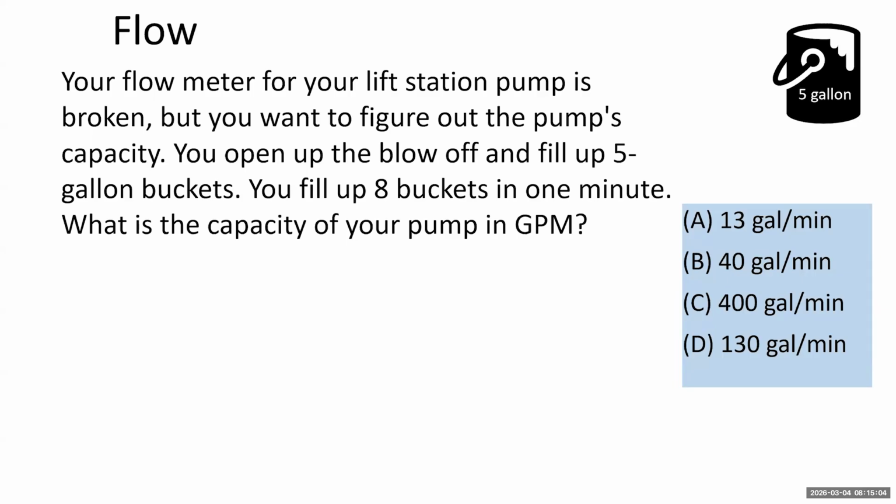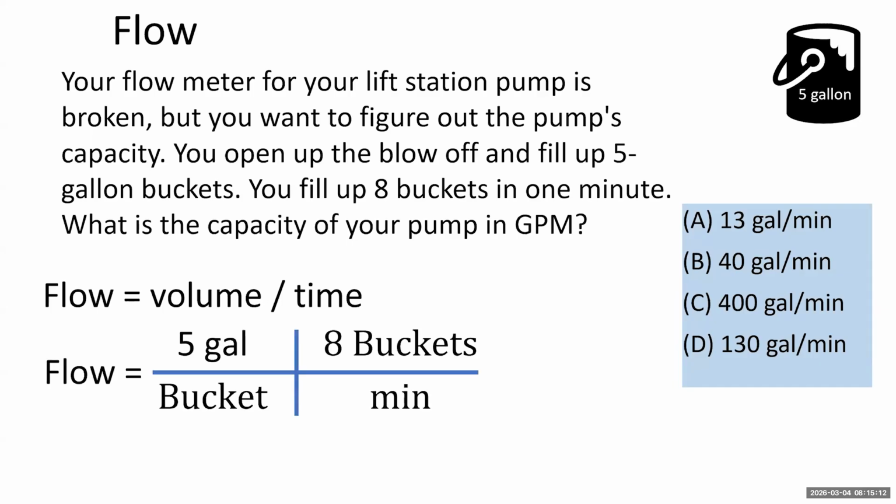That's flow, right? So in this case, we've got 8 buckets in 1 minute, and we know that flow is volume over time. So if we have a 5-gallon bucket and we have 8 buckets in the 1 minute, we can do that math, 5 times 8, and our units cancel from the bottom to the top. That's how we do our unit conversions, right?